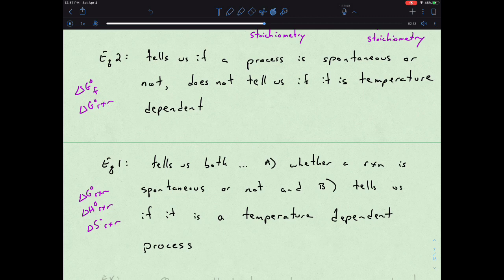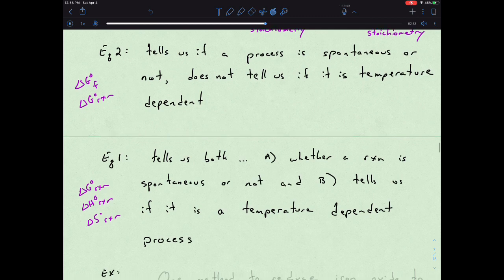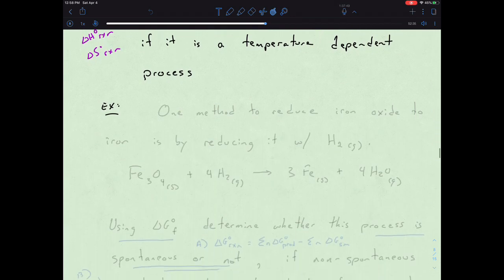So in equation 2, we can just get at the sign of delta G and whether it's spontaneous or not. With equation 1, that's what we need to utilize if we're trying to figure out that temperature dependent part. So let's do an example putting these two equations basically together.